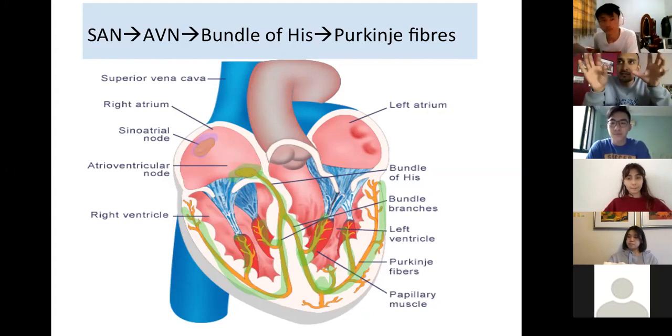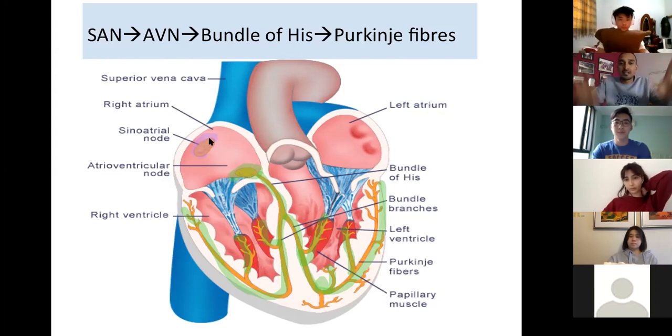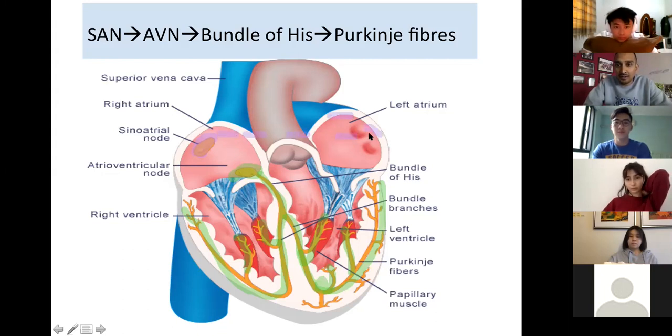The way I think of it is the sinoatrial node works like a Wi-Fi router, and the AV node works like an Ethernet LAN cable. The sinoatrial node sends a signal, and the signal moves through the top of the heart here and across this side. And what it's going to do is signal the atria to contract.